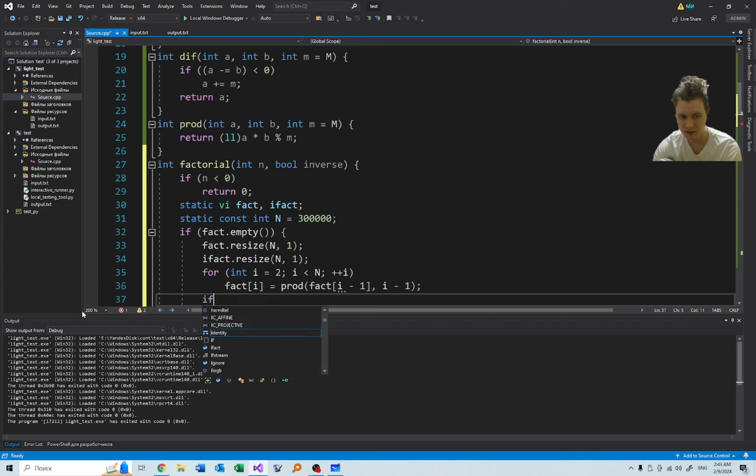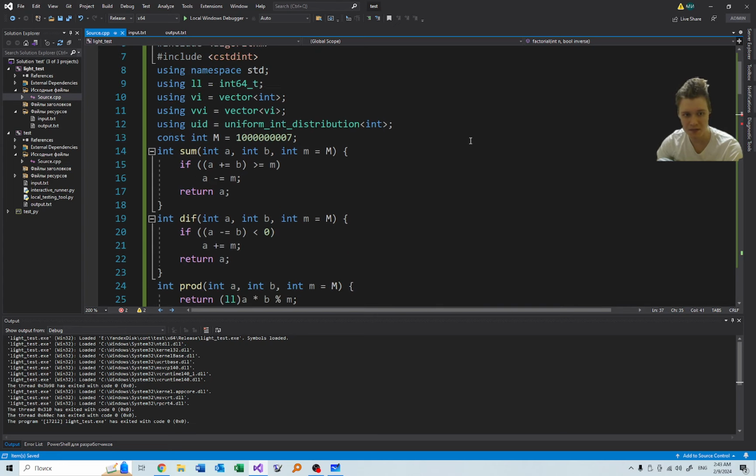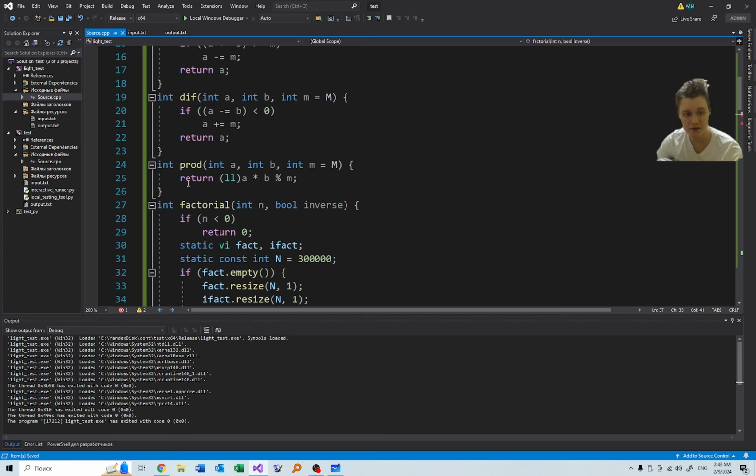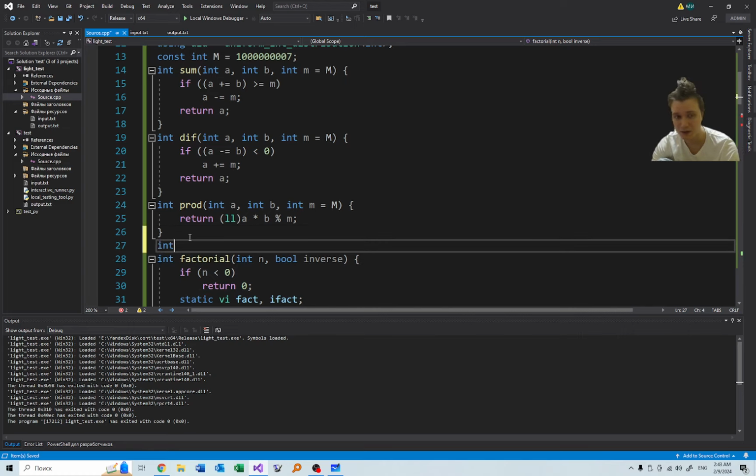Then we say that inverse factorial of n minus 1 equals inverse of factorial of n minus 1. Well, this time I'm lazy to write the function inverse for arbitrary modulus, so I will use the primality of m.